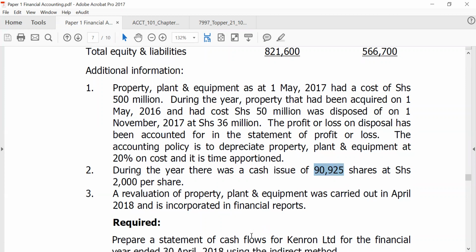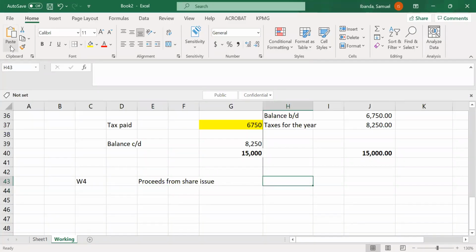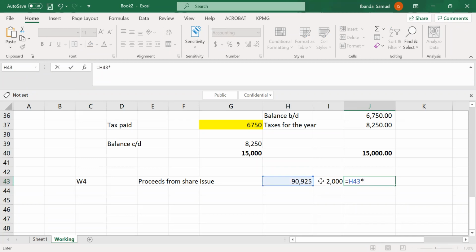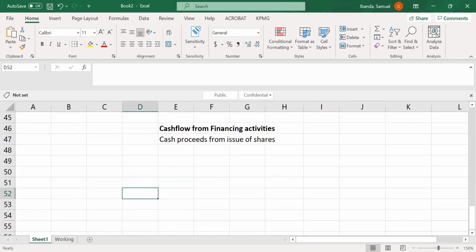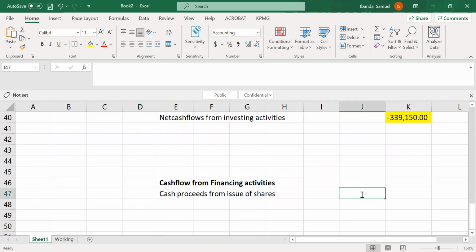I'll put that and multiply it by 1,000, times 2,000, which gives us 181,850,000. I'll come here and write these proceeds in the right column: 181,850.